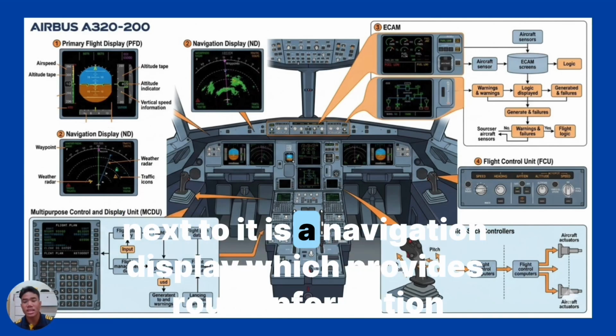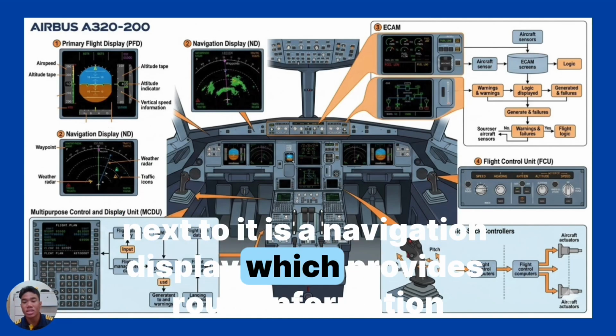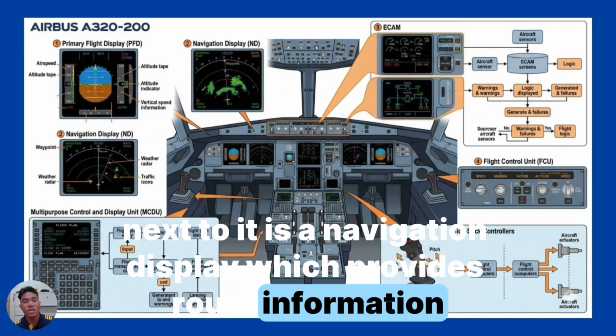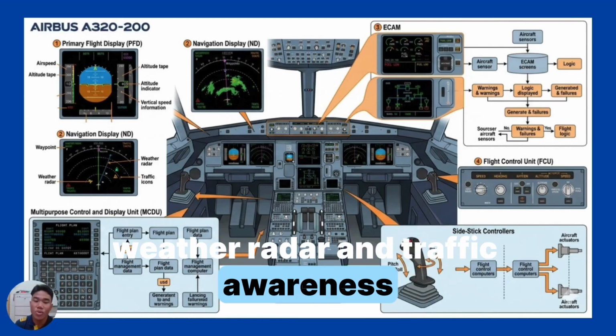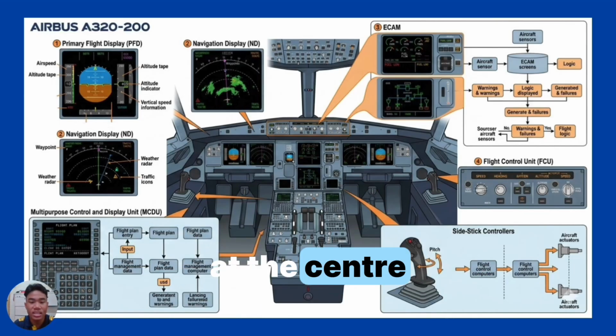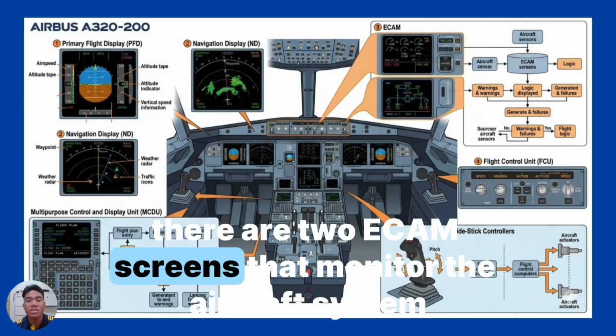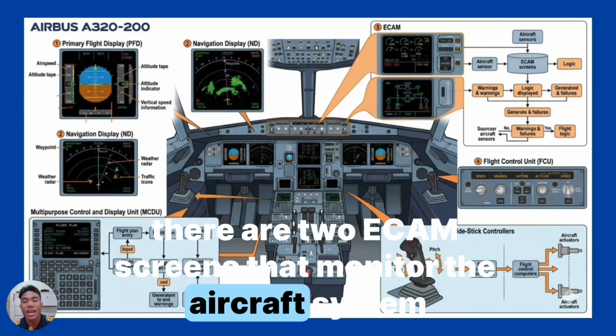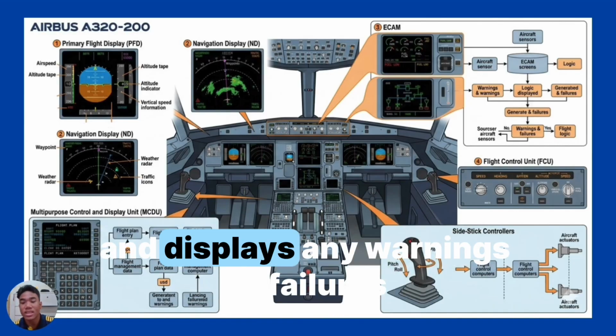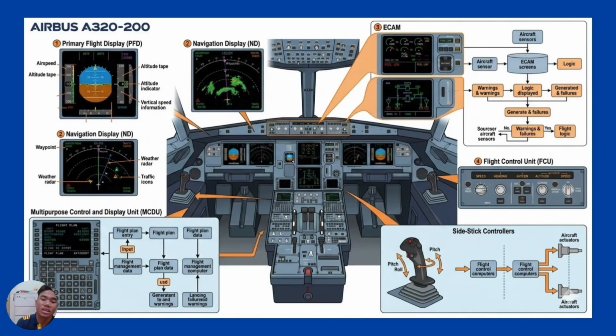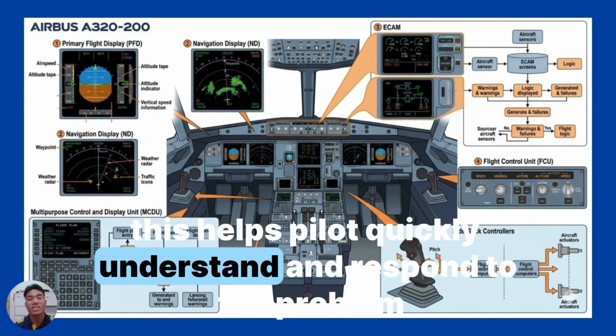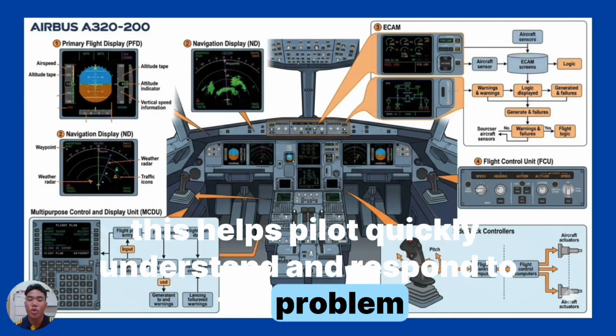Next to it is the navigation display, which provides route information, weather radar, and traffic awareness. At the center, there are 2 ECAM screens that monitor the aircraft systems and display any warnings or failures. This helps pilots quickly understand and respond to the problem.